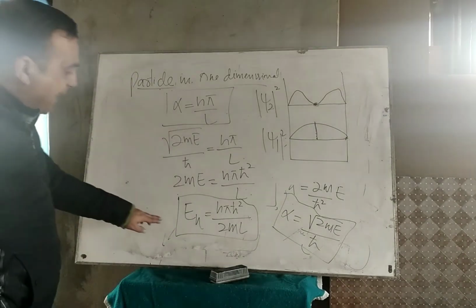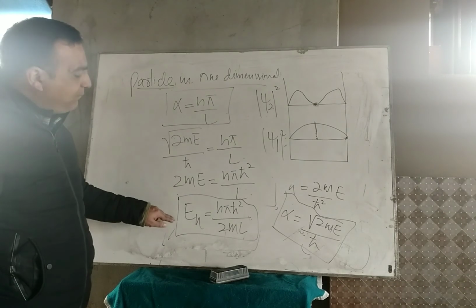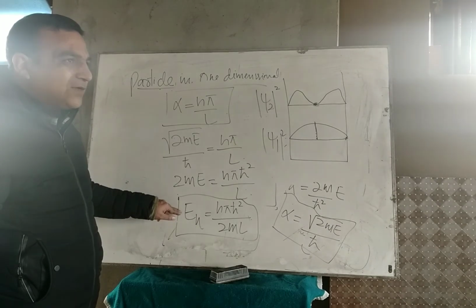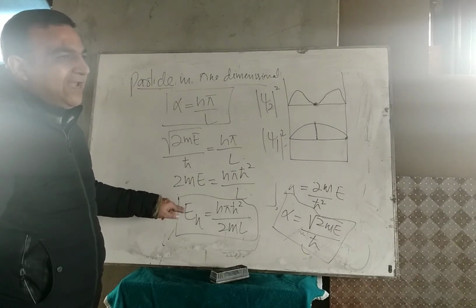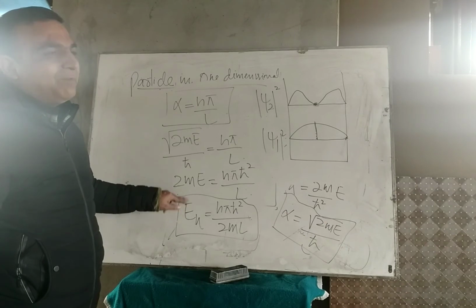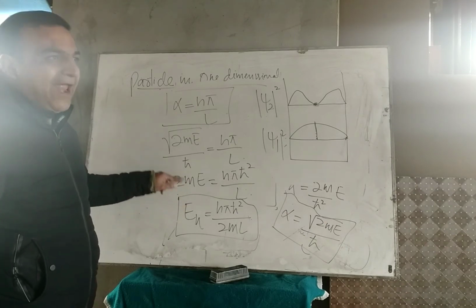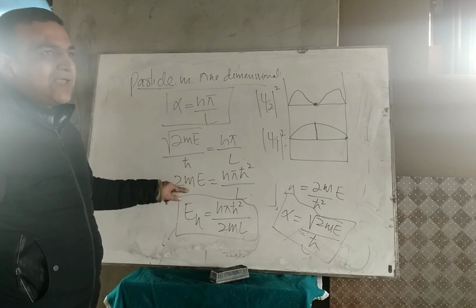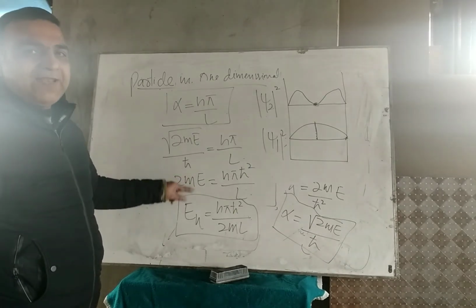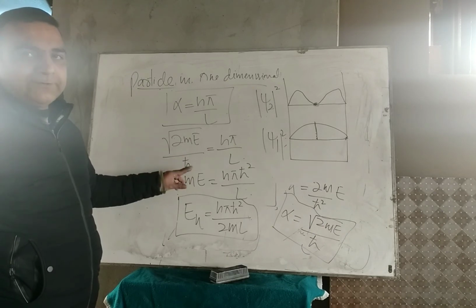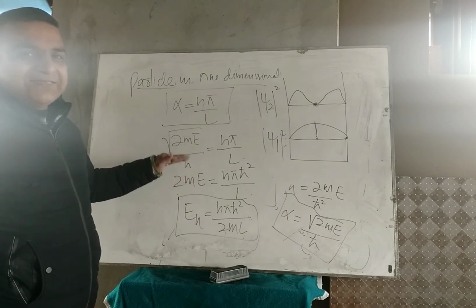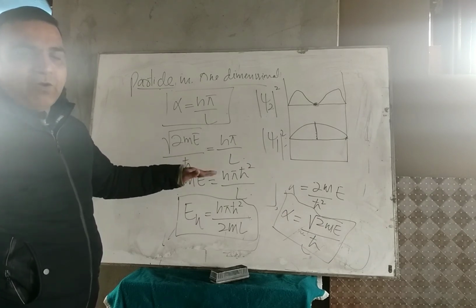You see, the energy of this particle, if we take the classical consideration of a particle being in a box or outside, it will have all possible energies. But here, where we have a microscopic particle in a one-dimensional box having infinitely hard walls, the particle can have only some quantized values of energy.